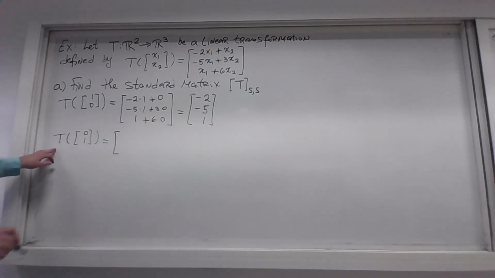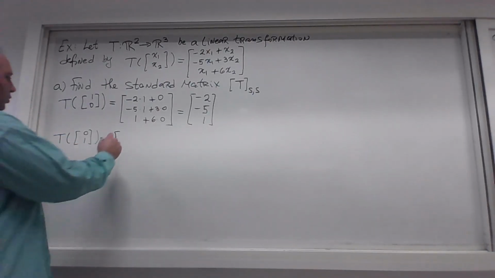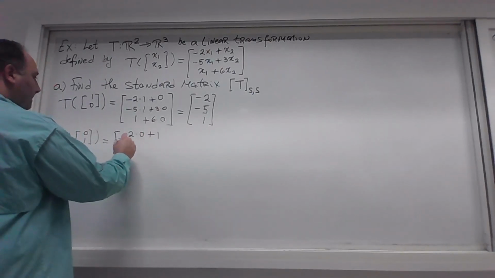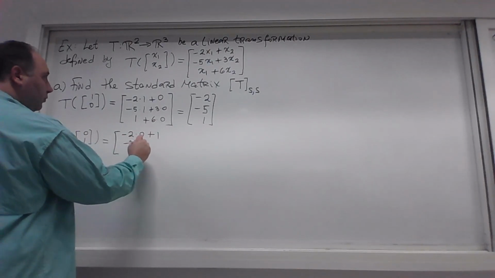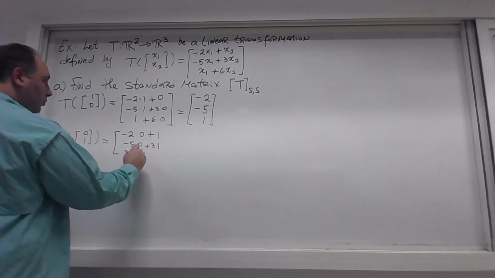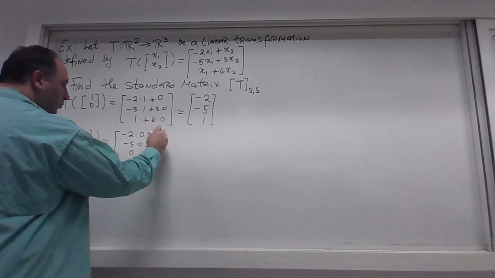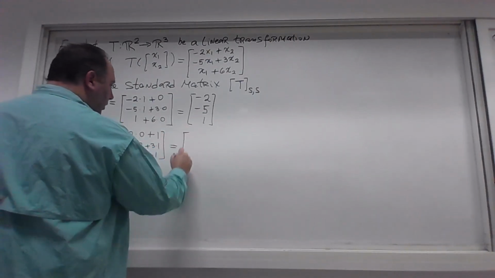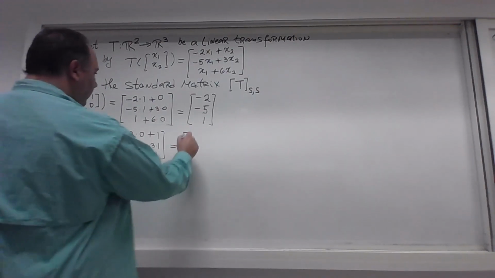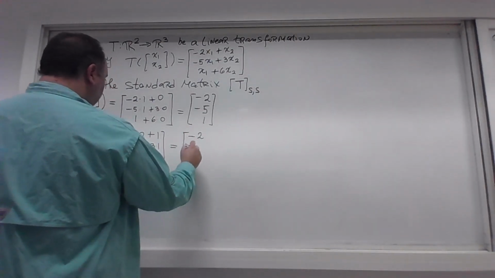So let's now apply the linear transformation to the second basis vector from R2. And we get as the output an object in R3, which is a vector itself.